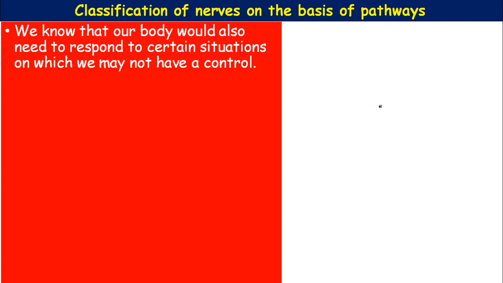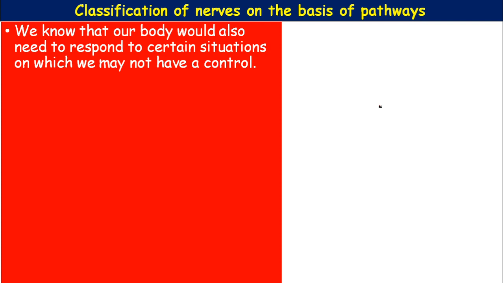Let us answer this question. The detector is the sense organ. It may be the eyes, the skin or the tongue. And the effector, the one that responds, is your muscles.